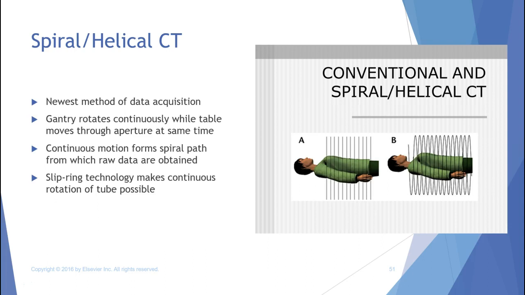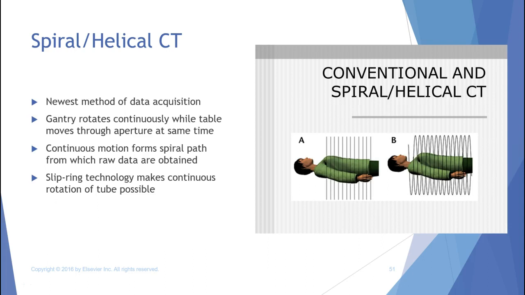Okay, but moving on to helical CT, the newest method of data acquisition. It's been around for a long time. The gantry rotates continuously while the table moves through the opening.